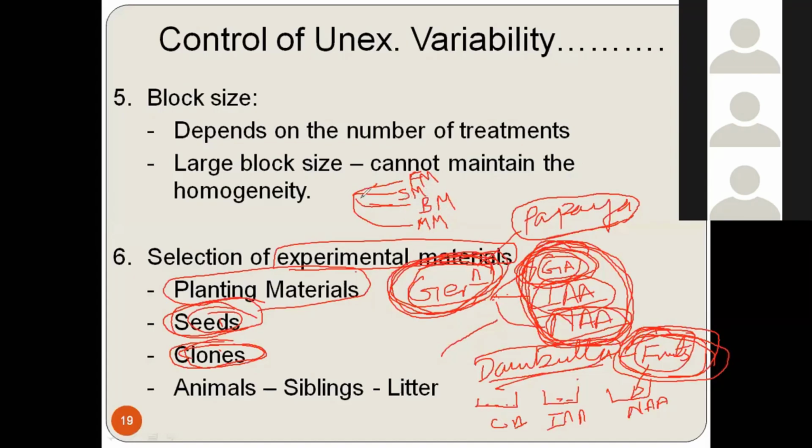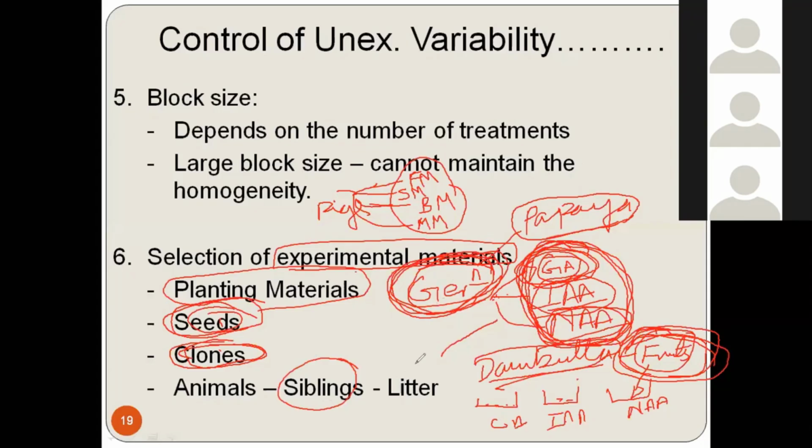This is what I am going to test on pigs. What is the best way to select the animals from pigs? The best way is selecting siblings. Do you know what siblings are?